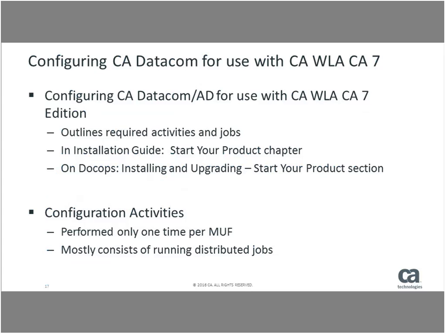It's pretty easy as you follow them through that section. You can find them in the install guide, or using the doc ops. When you configure the MUF, the configuring has to be done per MUF for your CA7.